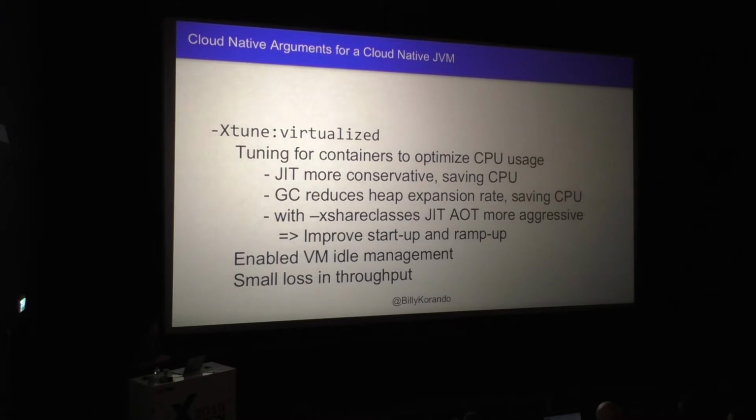So the first option that will help you in this environment, the Xtune virtualized option on the command line. So this is to help tune for containers to optimize the CPU usage. It does several things. It makes the JIT more conservative, to do only what it really needs to do to help save CPU usage. It affects the GC, the garbage collection, reducing its heap expansion rate, again, saving CPU.